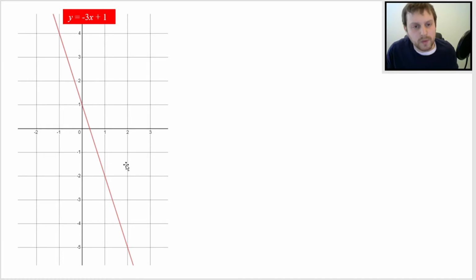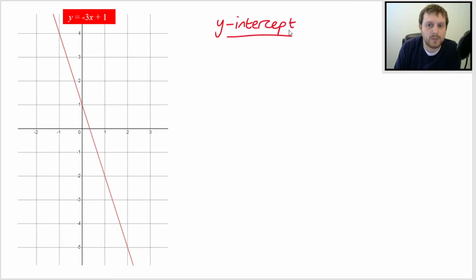And then last one before I talk about quadratics is y equals minus 3x add 1. So for the y-intercept, and I'm doing this each time so that you get used to the approach, you get used to the method. So for the y-intercept, x is 0. Yes, okay, I know it's plus 1.